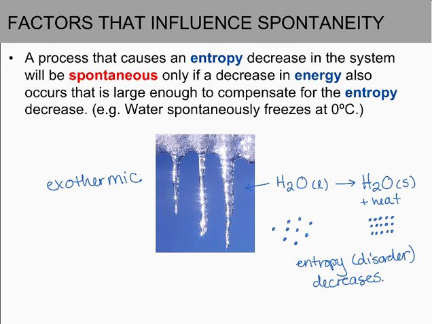All right, so again, in this system, the entropy is decreasing. However, it can be spontaneous if a decrease in energy also occurs. So for this process, it's releasing heat out into the universe. So the water itself is losing energy.